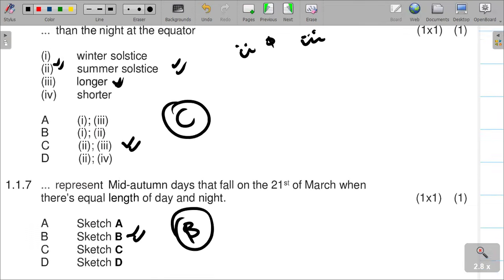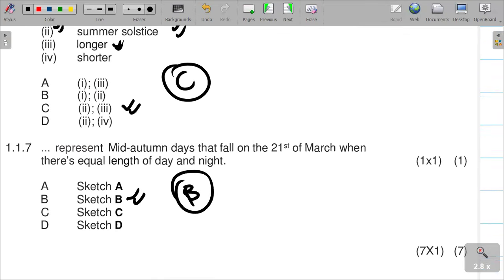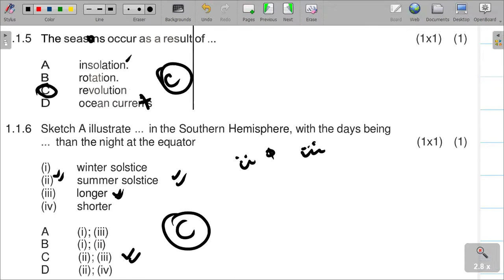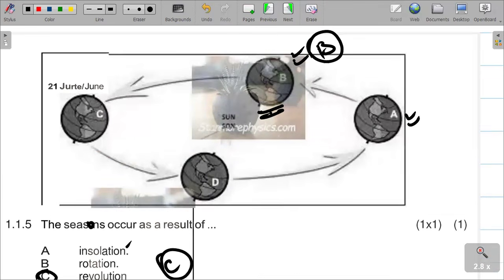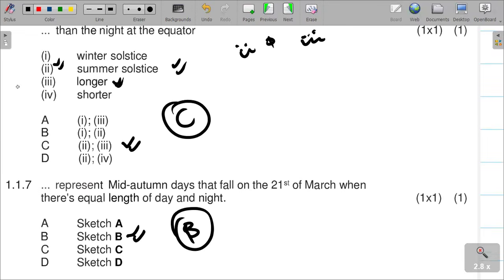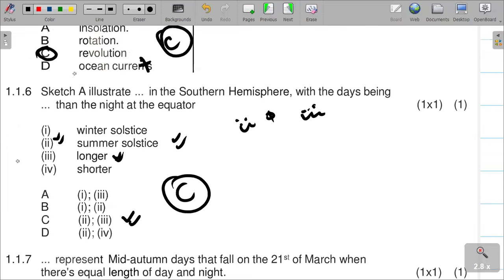It is not to say you calculate, but this diagram just needs to be known: on the 21st of March, when there is equal length of day and night, it occurs when we are at what? When we are at B. So the 7 marks, you were able to take them.